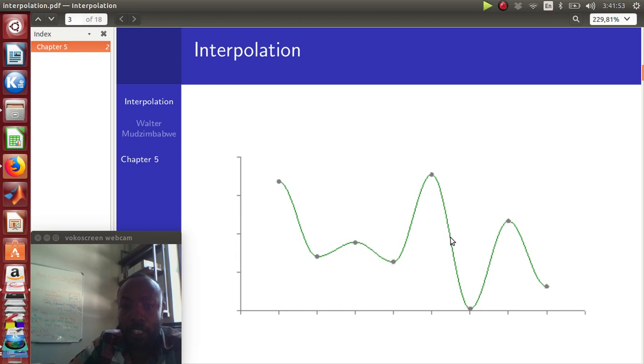The curve in green is what we find by interpolation. Once we have that curve, we can use it to find the y's for values between these x's. For example, for this time here, we can find the corresponding y value. That's the idea of interpolation.